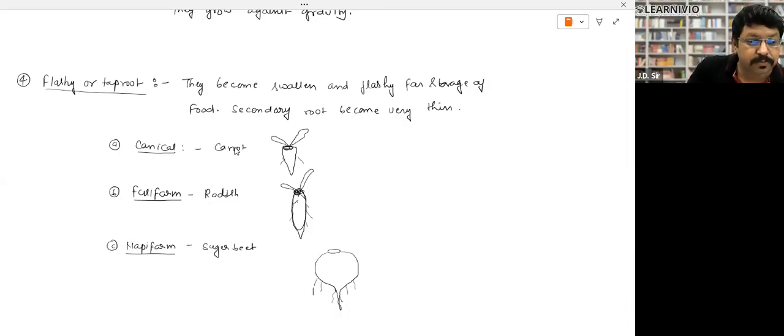Morphology of stem. Next is given, that is the stem and modification of stem.